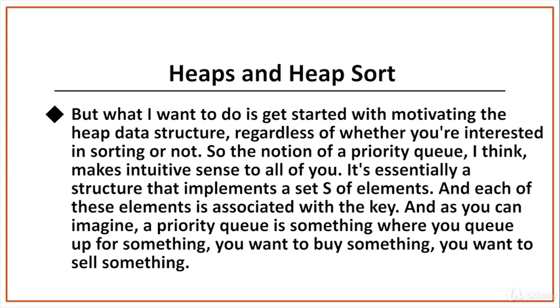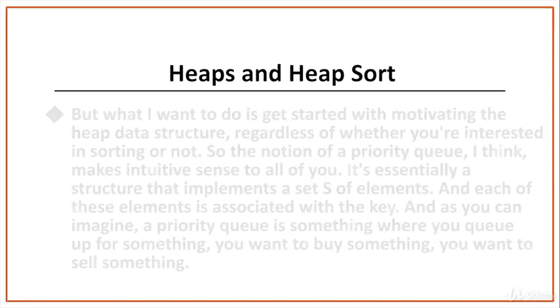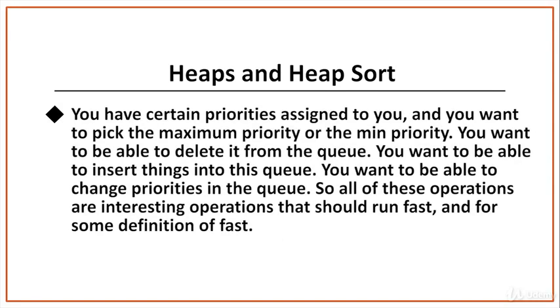And as you can imagine, a priority queue is something where you queue up for something, you want to buy something, you want to sell something. You have certain priorities assigned to you, and you want to pick up the maximum priority or the minimum priority. You want to be able to delete it from the queue, and insert things into this queue. Also, you want to be able to change priorities in the queue.